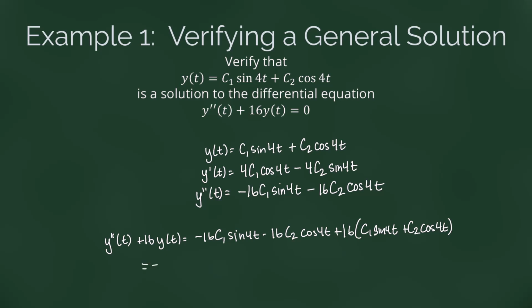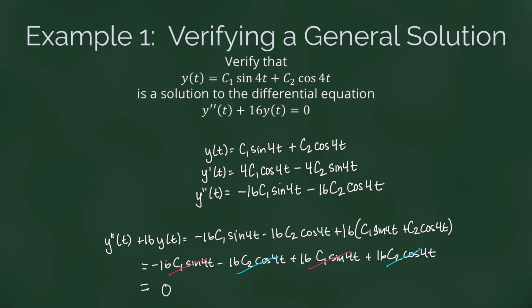That gives us negative 16 c1 sine of 4t minus 16 c2 cosine of 4t, and then distributing the 16, we get plus 16 c1 sine of 4t plus 16 c2 cosine of 4t, and that does in fact equal 0 because the negative 16 c1 sine 4t and the positive one cancel each other out, and the same is true for our cosine terms.